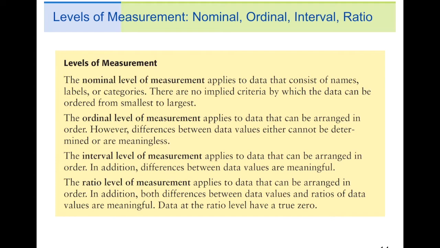Ordinal level of measurement is things that can be ordered, however, looking between 2 of them, it doesn't make any sense. So if you have a rating system of 1 to 5, you have an ordering.